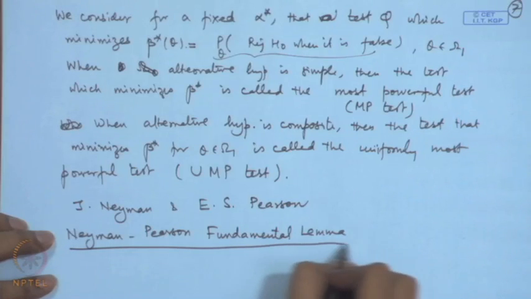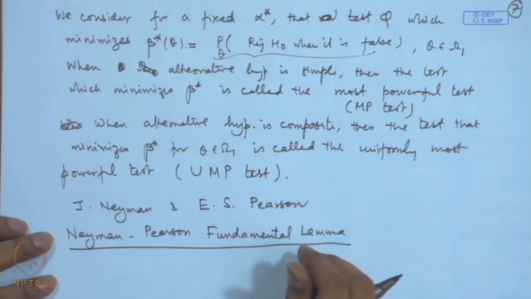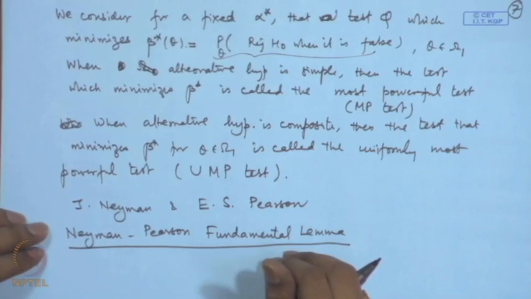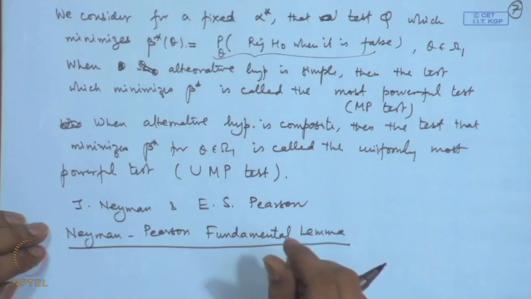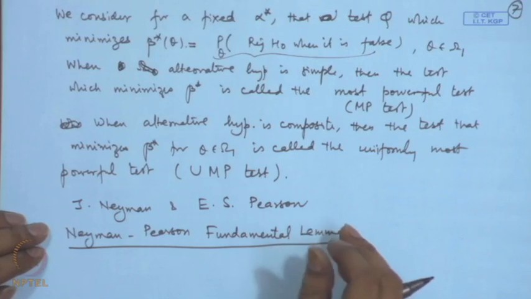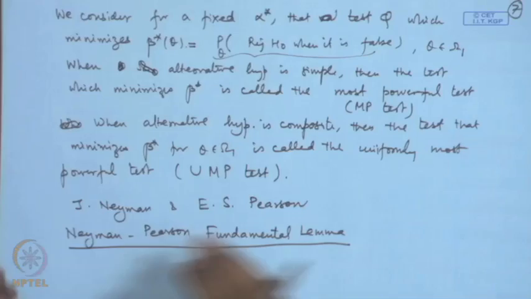This result was later extended to the case of composite hypotheses also, and the solutions for cases where the uniformly most powerful test within a certain class of tests exists were also derived.